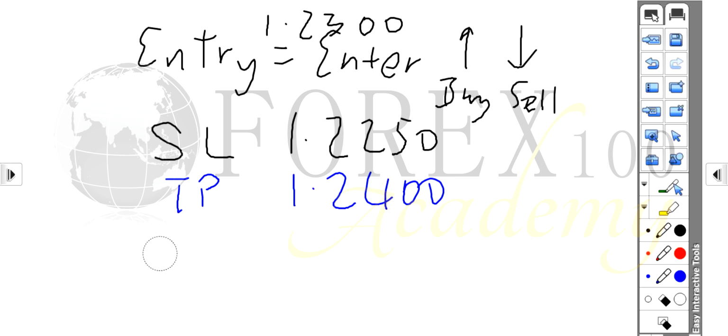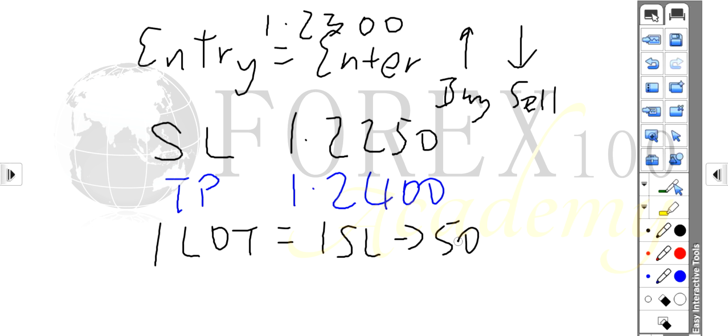the analysis we have done, we are not going to risk the entire capital for one single trade. If not, it will be gambling. So you have to ask yourself, if you are trading a standard contract, one lot, your initial risk, we call it initial stop loss, is 50 pips.